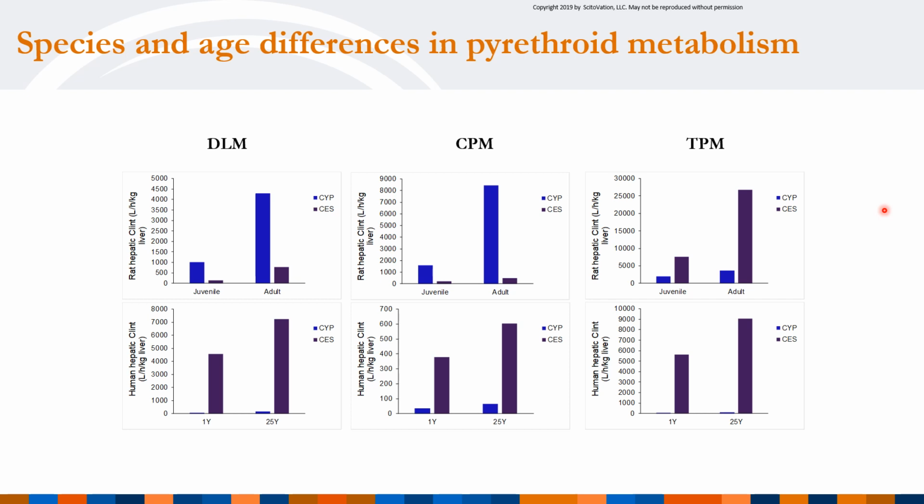So when we look at the rat study showing that juvenile rats are more sensitive, it's important to characterize the basis for the greater sensitivity in younger rats and assess its relevance to humans. Such observations could be the results of age-related pharmacokinetic differences, as it is known that species differences exist in pyrethroid metabolism and its ontogeny.